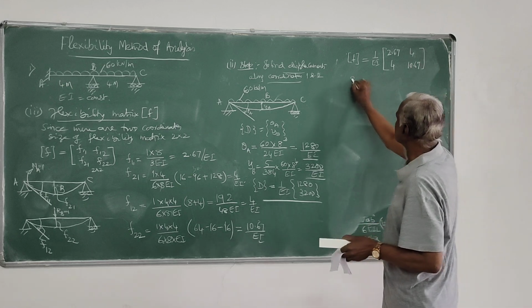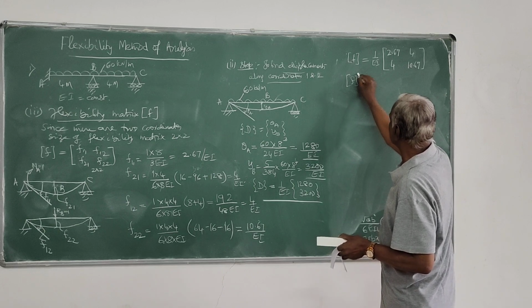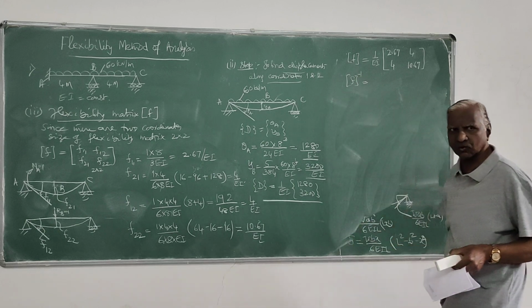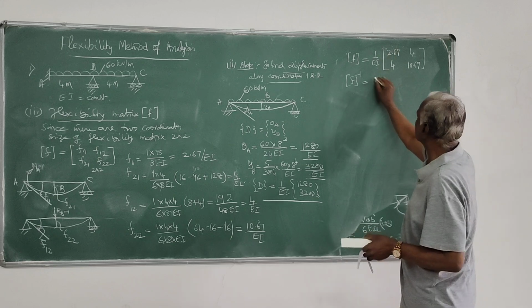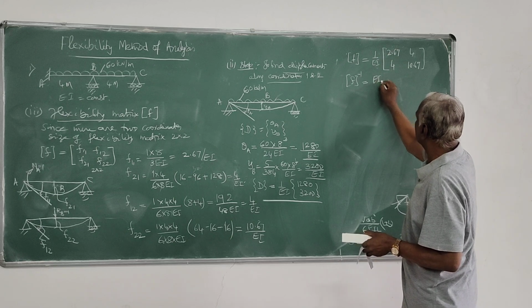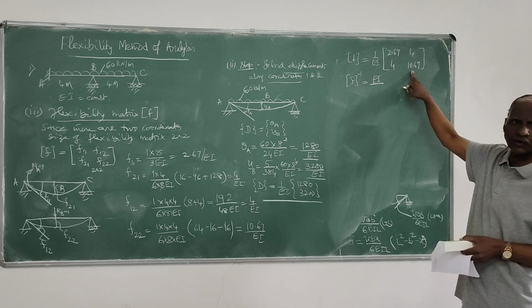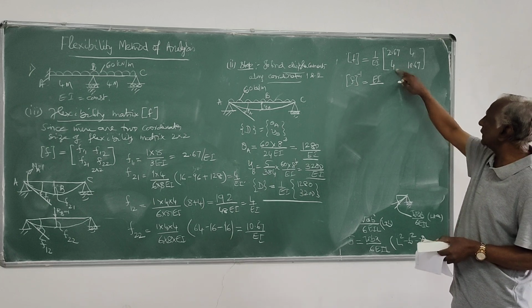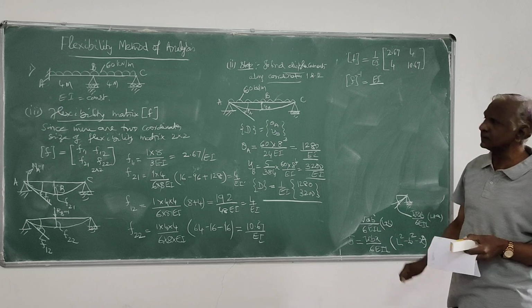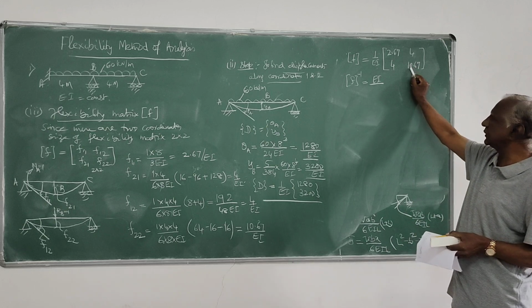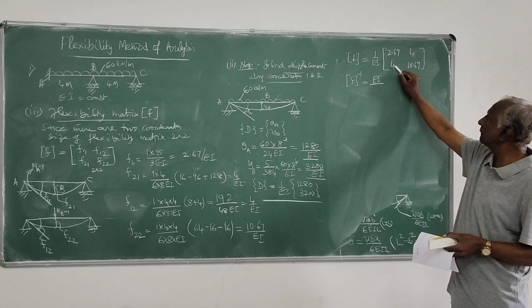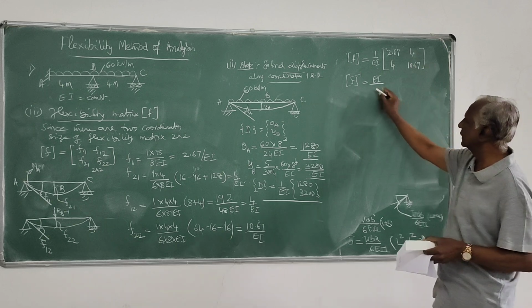So I will determine this F inverse also here. F inverse is equal to EI divided by delta, 2.67 into 10.67 minus 16. How much is that? 12.67.